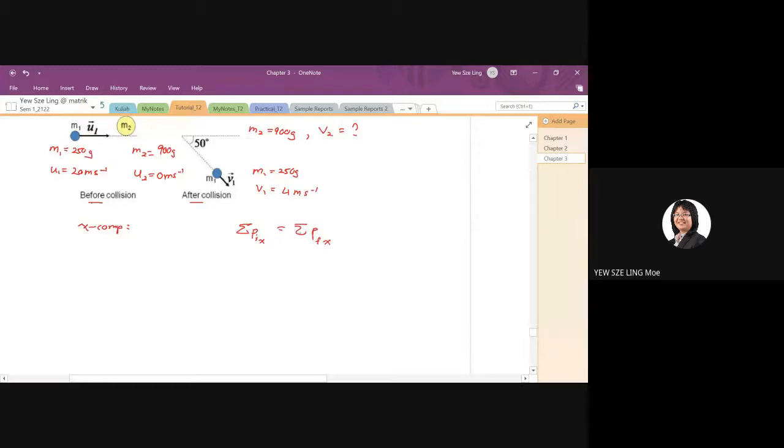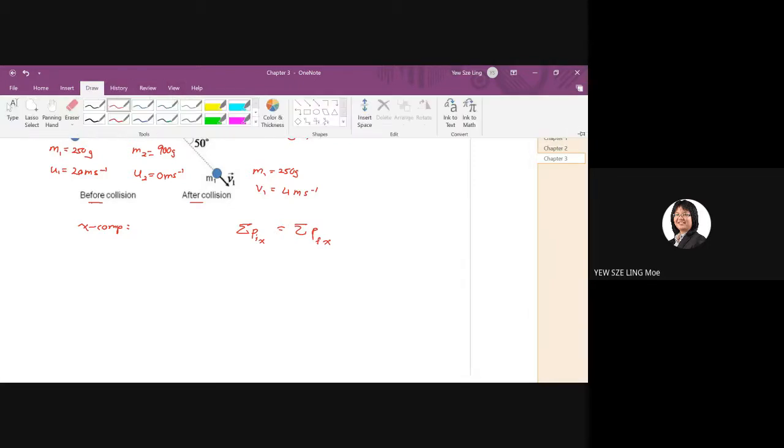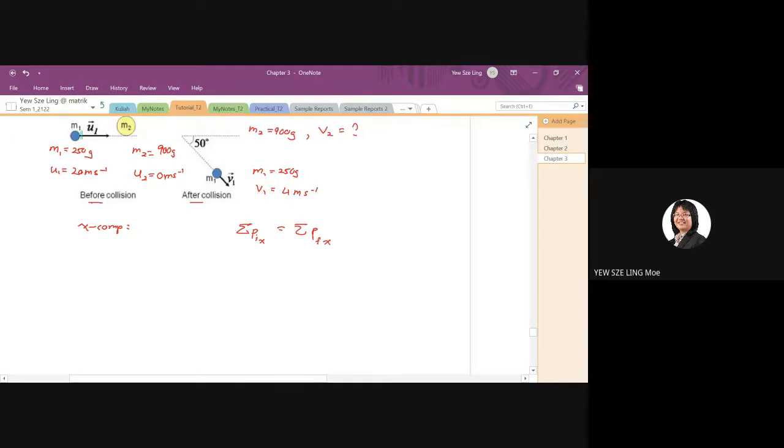So which means what are you going to do? You want to calculate the momentum along the x component only. So initially, I have motion along the x component only, which means I don't have to resolve it.